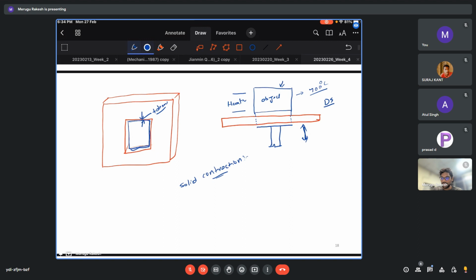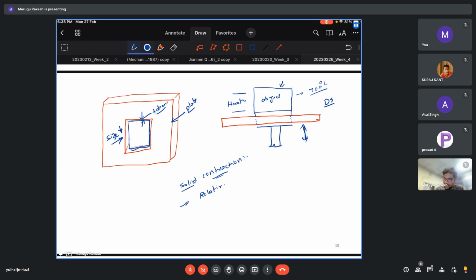So what happens for this plate, if it contracts, the size of this will decrease. So the object which is moving will get stuck in between this plate. So we should take care of this solid contraction if there is relative motion.